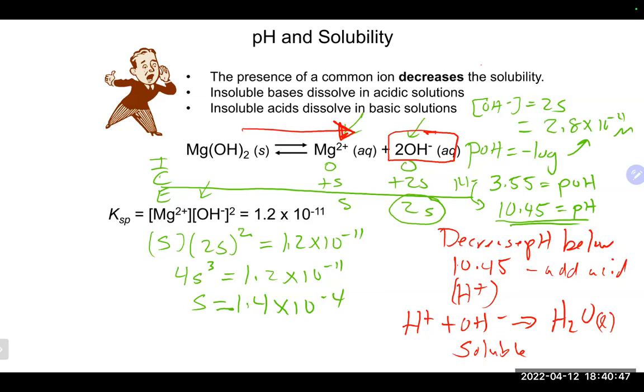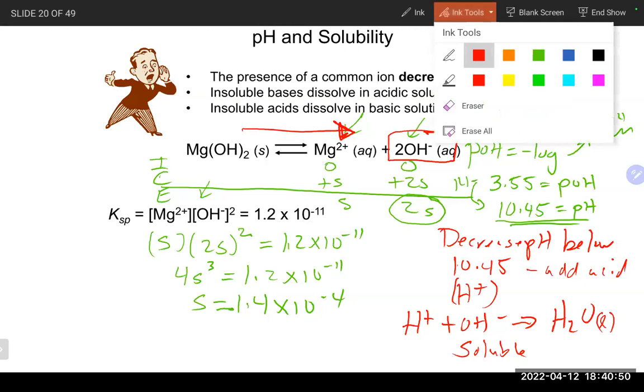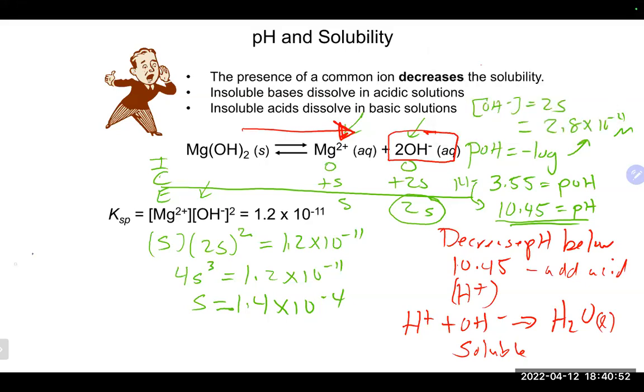So what happens though, if we do the opposite, which is, let's say we take the pH above 10.45. In order to take the pH above 10.45, I need to make it more basic, which means I need to add acid or base. I need to add base. And when we add base, we're adding H plus or OH minus.